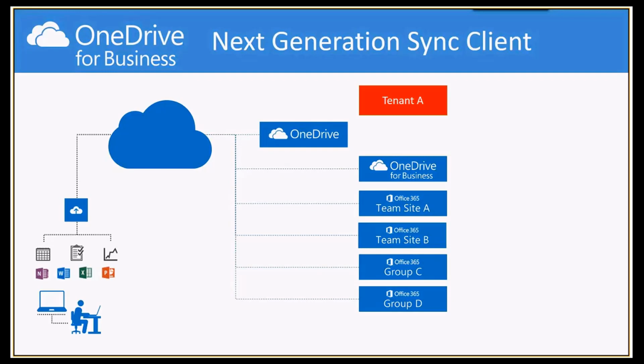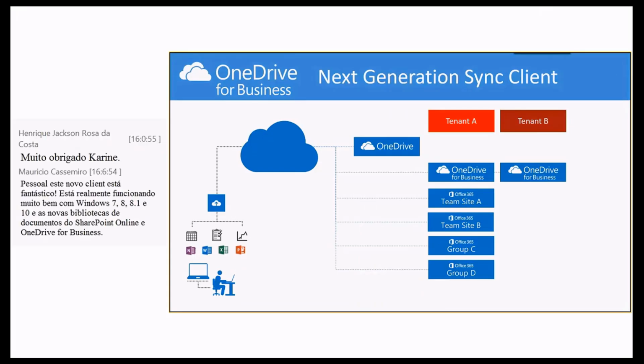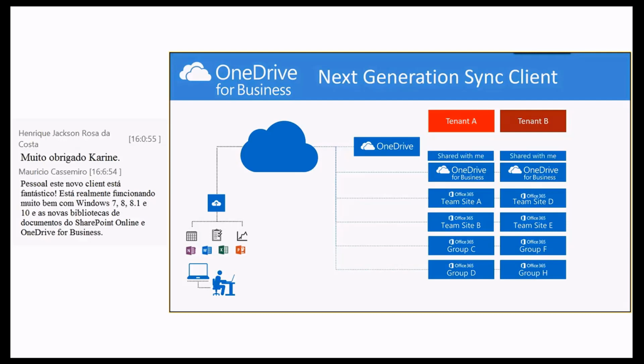That means now we have 3 icons, 2 blue ones and 1 white one. That's OneDrive Personal. So that is possible, and also the share with me, with different tenants syncing to your machine at the same time.